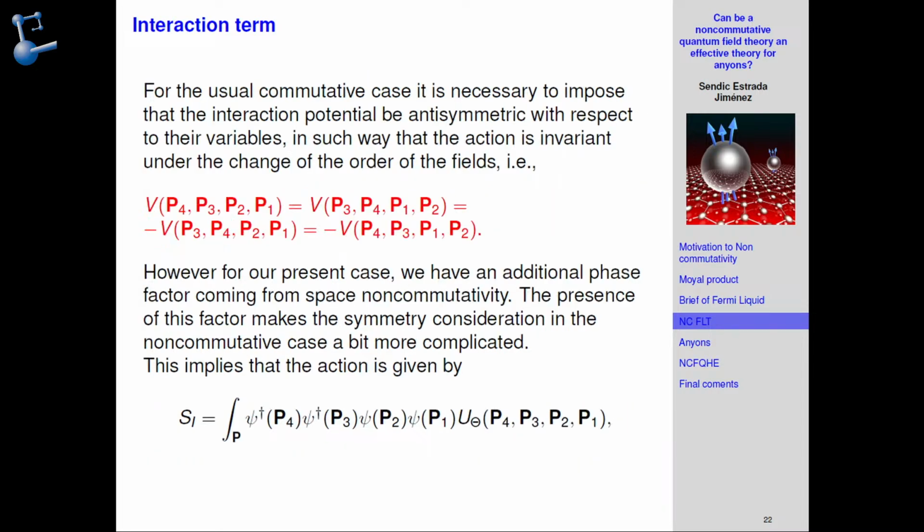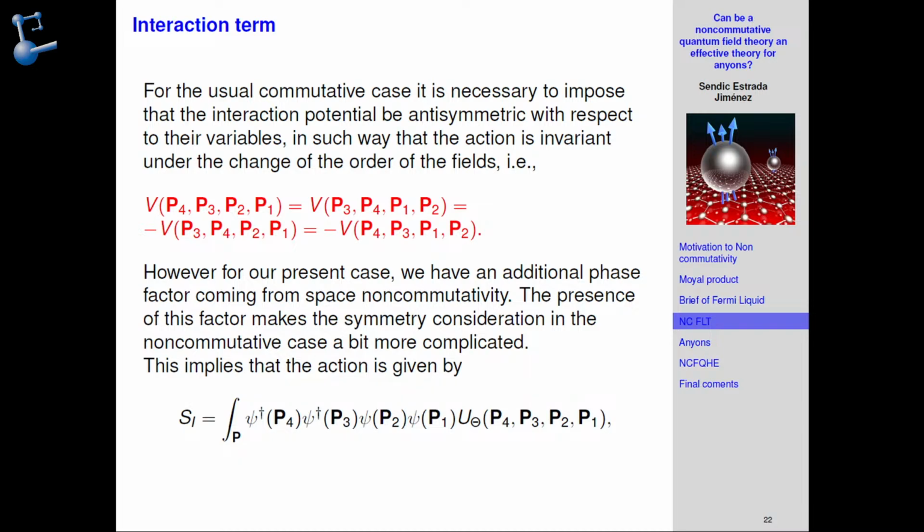For the usual commutative case, it is necessary to impose that the interaction potential be antisymmetric with respect to its variables, in such a way that the action is invariant under a change of the order of the fields, which gives this result. However, for our present case, we have an additional phase factor coming from space non-commutativity.